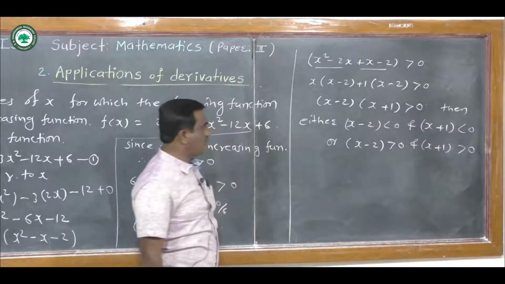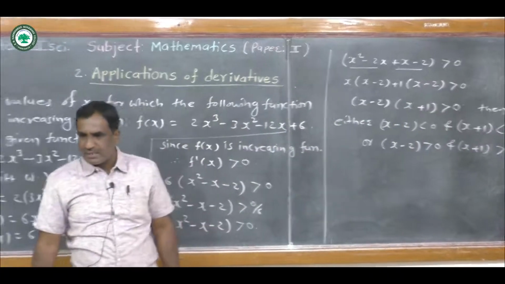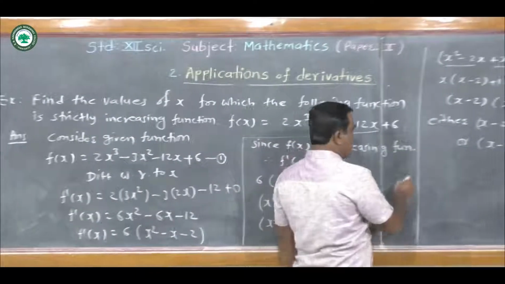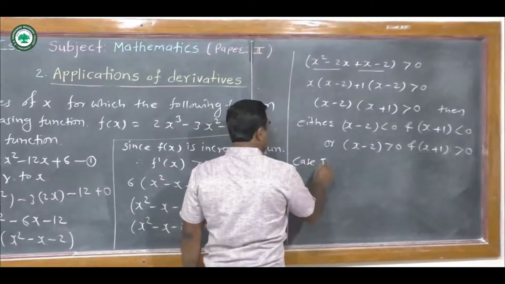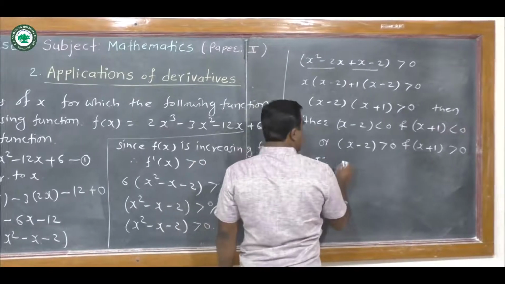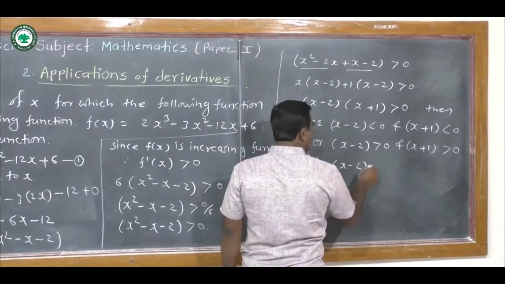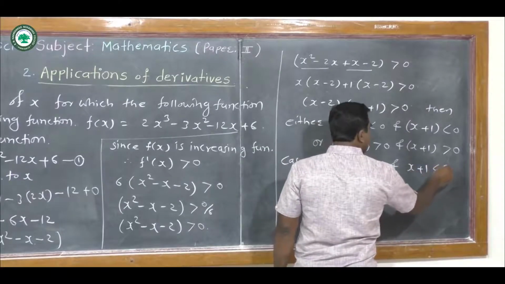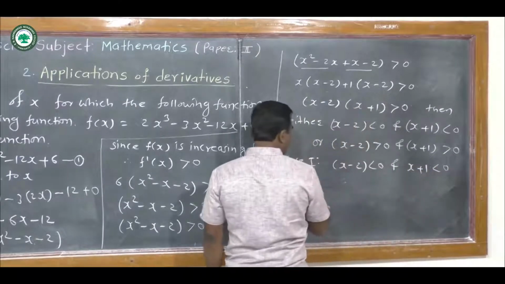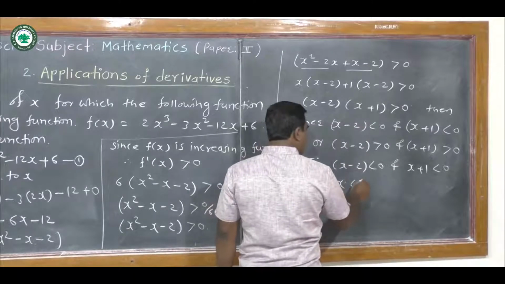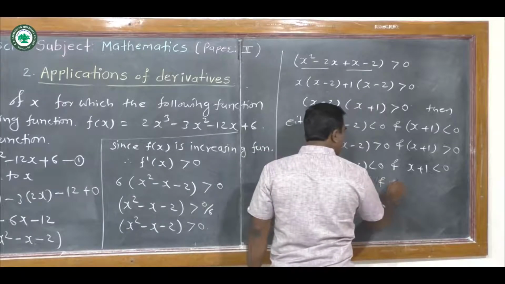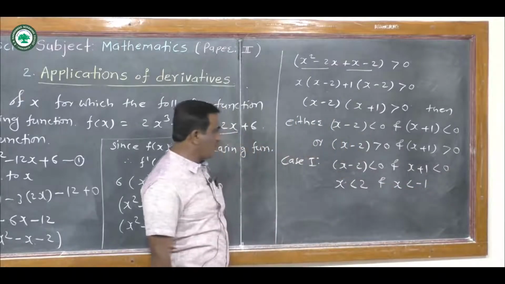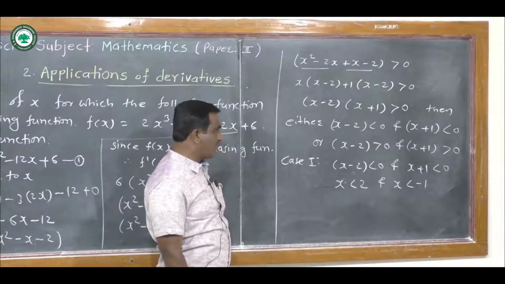Now we use the first case here. Consider the first case and then find the value of x. Case first: x minus 2 less than 0 and x plus 1 less than 0. That is, x less than 2 here, and here x less than minus 1. x less than 2 and x less than minus 1.